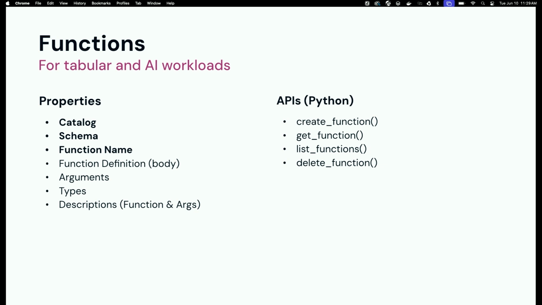It has required things, like you have to define your catalog, your schema, the actual function name, and there's a bunch of optional metadata in there that became important for us later on when we wanted to do the Gen AI stuff. But the standard APIs that are part of Unity Catalog make a ton of sense for what most people were using it for historically. I need to apply custom logic to a table in order to get an answer to a question that I have, and I need that to be secure.